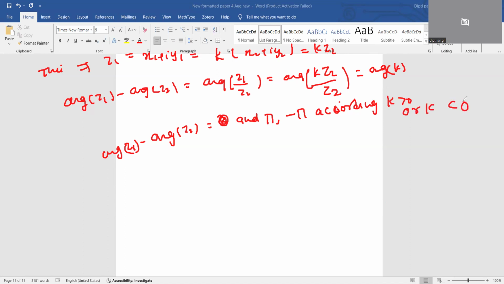If k is greater than 0 then it is 0, and if k is less than 0 then it is plus minus pi. As we know, the argument of any positive real number is 0, and the argument of any negative real number is plus minus pi. So these concepts are used in this question.